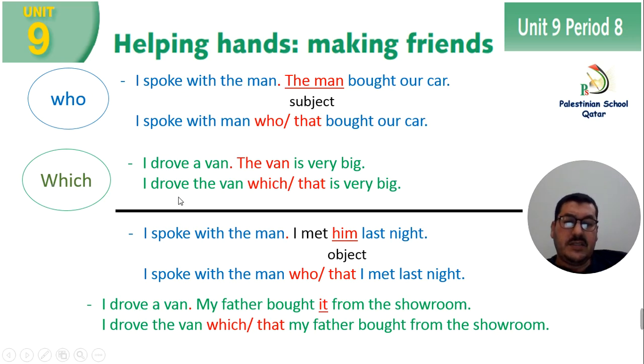So I repeat the sentence: I drove the van which is very big. I drove the van that is very big. I put which or that instead of the van, and I also remove the full stop. So now we have one sentence instead of two sentences. This is relative clauses, everyone.